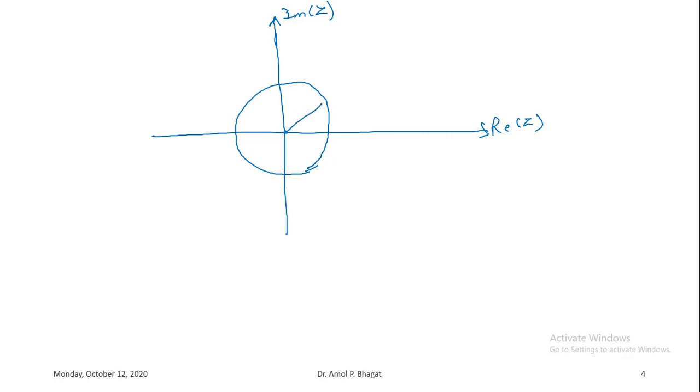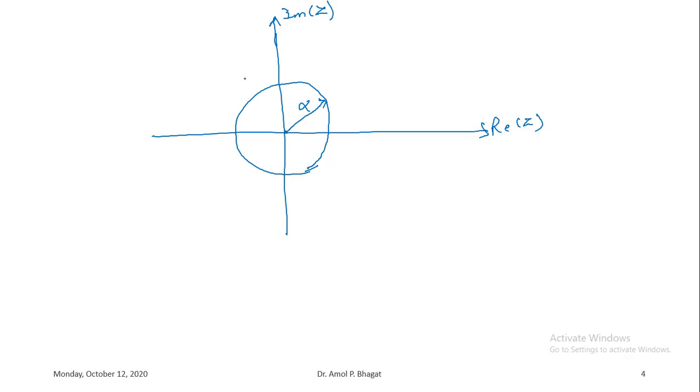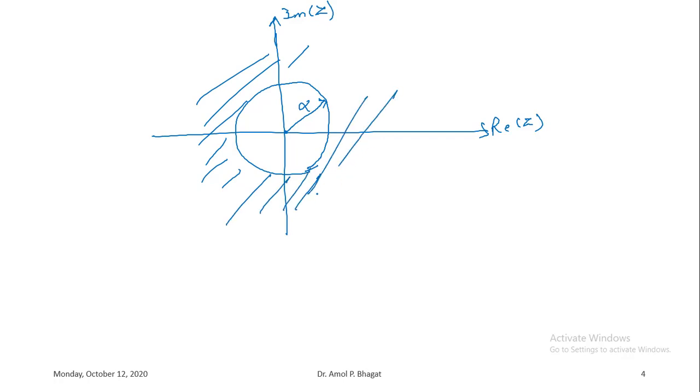And as the ROC is greater than alpha, that means the values of z are greater than alpha, so it will be the exterior part of this circle. This will be the ROC, that is the exterior of the circle. This figure indicates the ROC plot for the obtained Z transform.